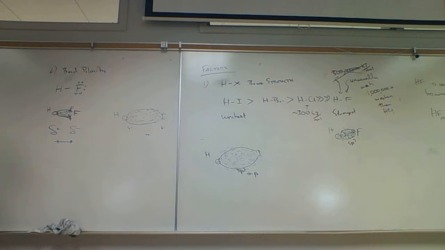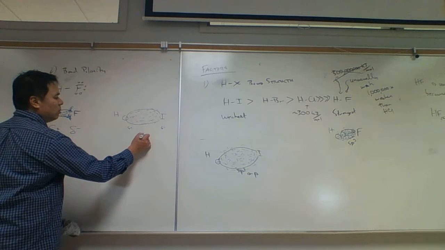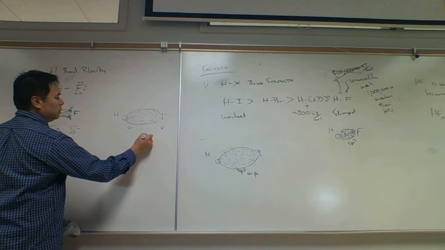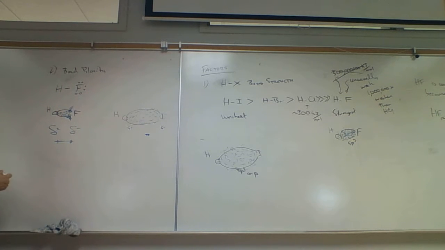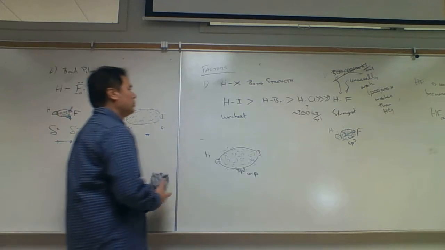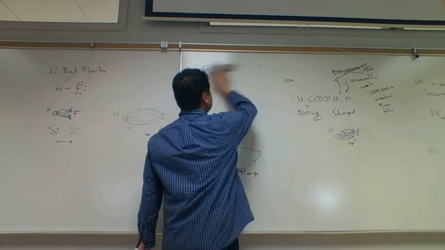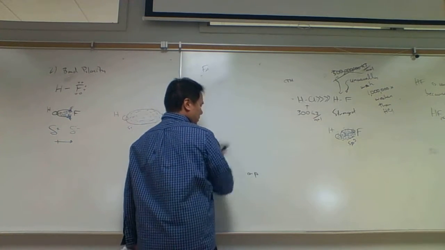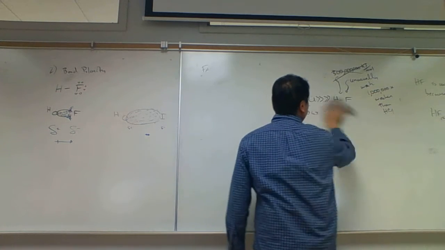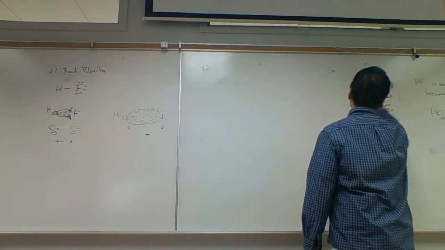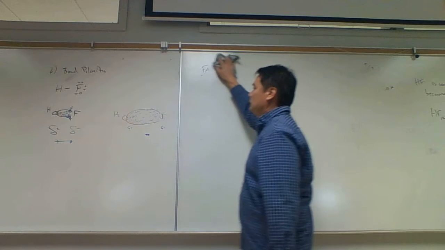It turns out HI is a stronger acid. But typically, with bond polarity, we'd expect the more polar one to be more reactive. But in this case, the more polar one is not more reactive, because the bond is too strong.